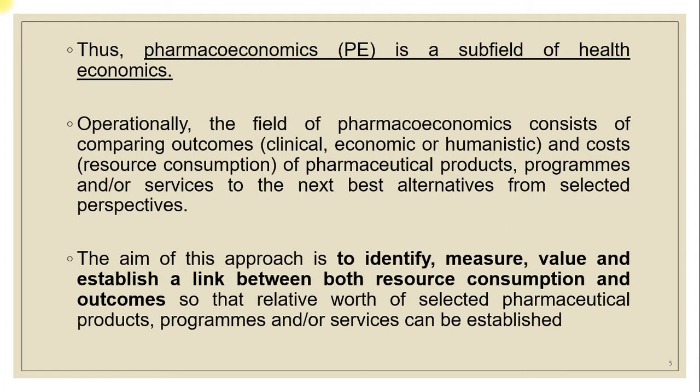Okay, so the aim of this approach is to identify, measure, value and establish a link between both resource consumption and outcomes, so that the relative worth of selected pharmaceutical products, programs and or services can be established. So what is the aim? It is to identify, measure, value and establish a link between outcome and the consumption of resources.